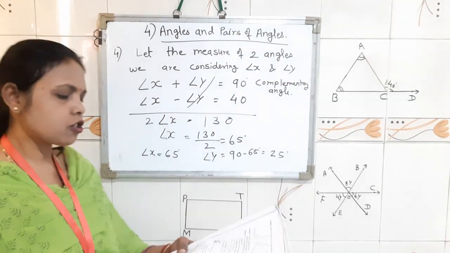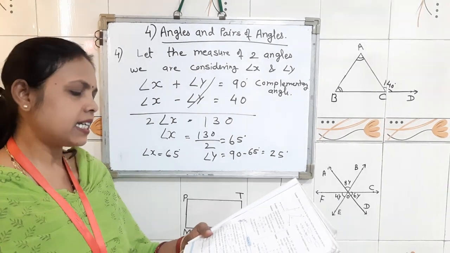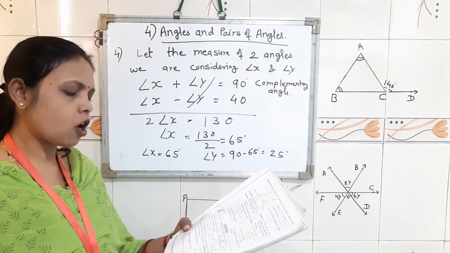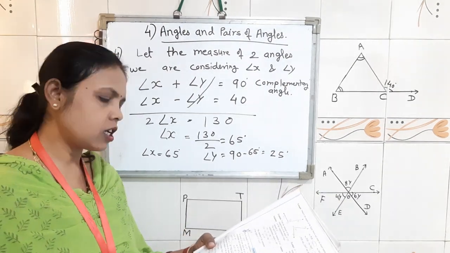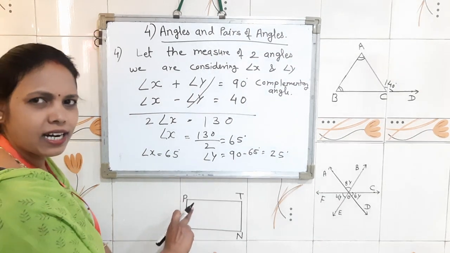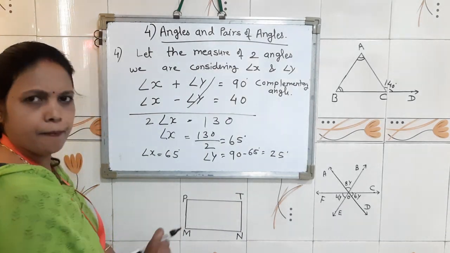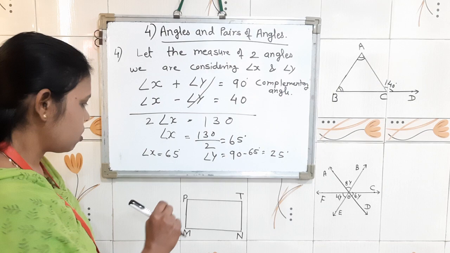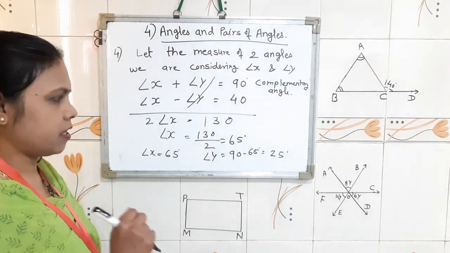Now question number 5. Quadrilateral PTNM is a rectangle. Write the names of the pairs of supplementary angles. So children, we have drawn the quadrilateral P, T, N and M. Here we are going to show which angles are supplementary.